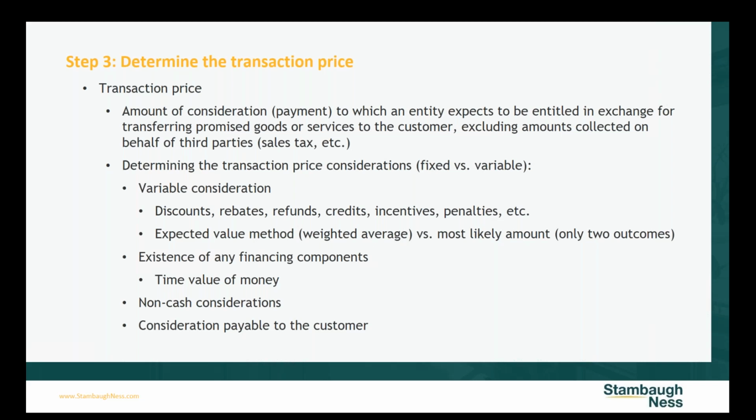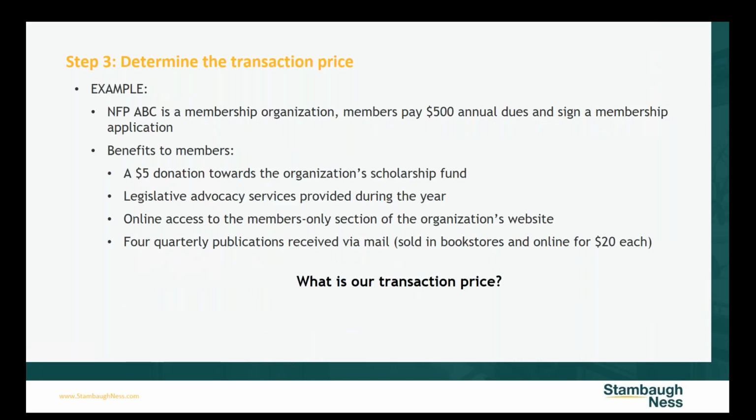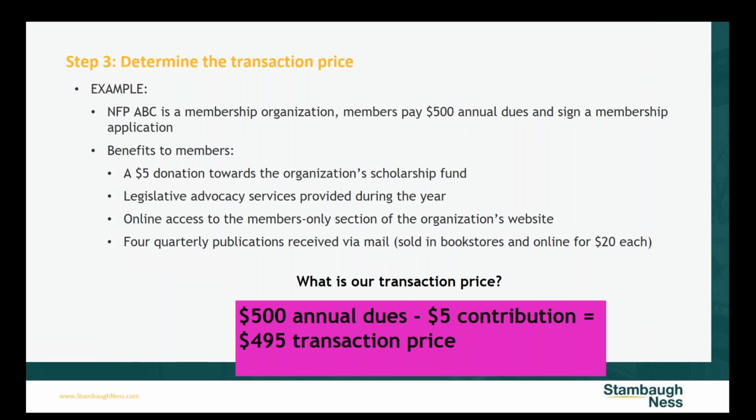But moving forward on the transaction price, in our situation, what is our transaction price? We know the member is paying $500, but what is our transaction price related to our contract? Our transaction price is our $500 of annual dues less our $5 contribution, because we know that $5 contribution is being handled completely separate as an actual contribution.